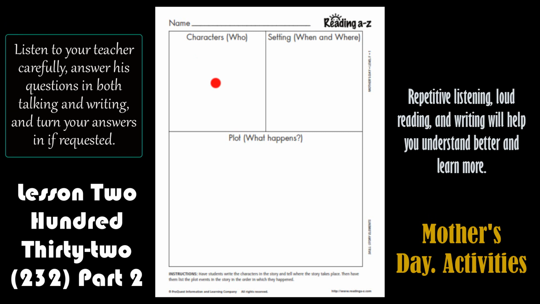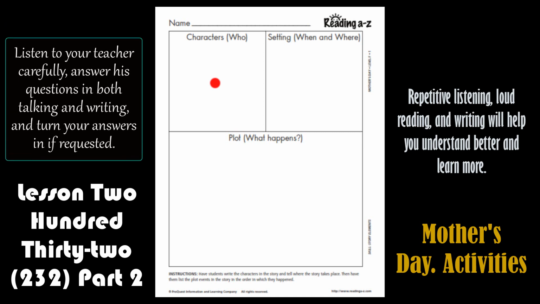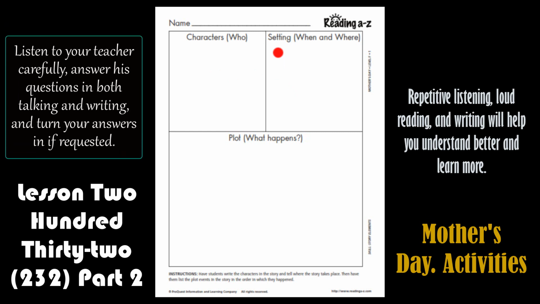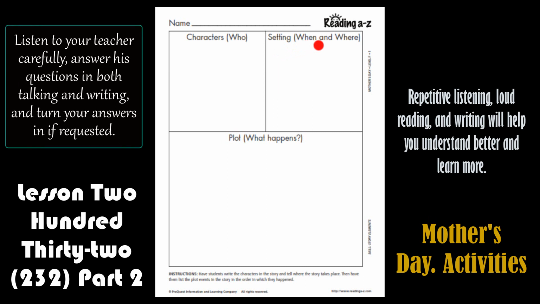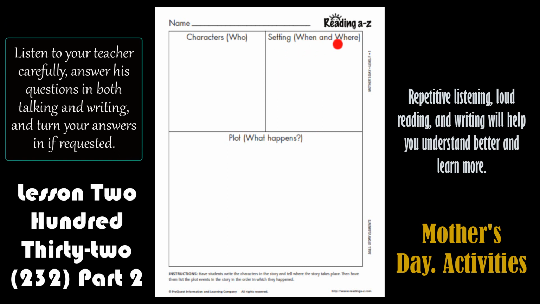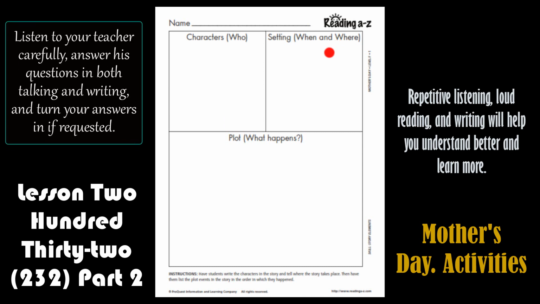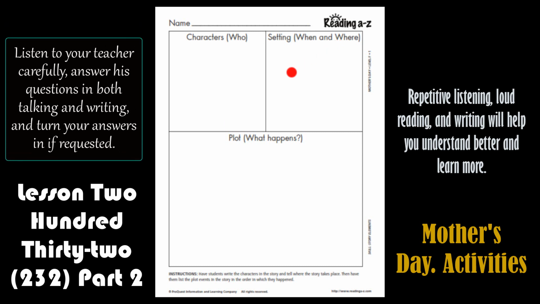So you should just mention them in this part. The second part refers to the setting. That is to say, when and where the story occurs. When and where the story takes place. And you write that in this box.